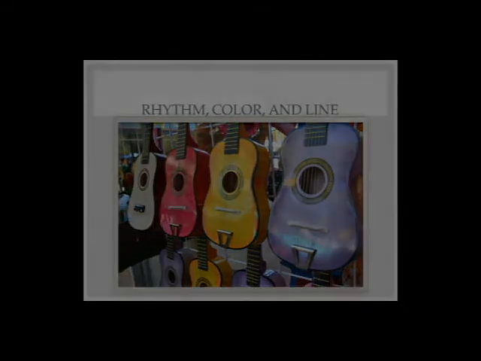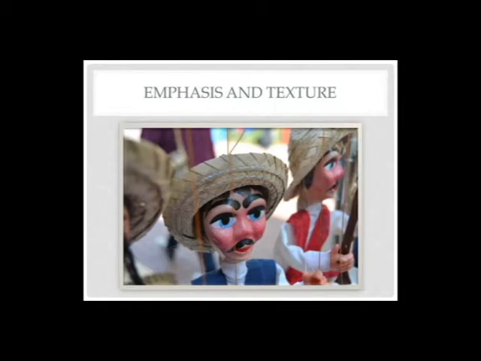So lots of elements and principles. Of emphasis with the picture taken being the little doll in the middle is in the central location and in focus, whereas the dolls on either side are out of focus. So there's your emphasis, and then texture I think is relevant in the little hat that he has.